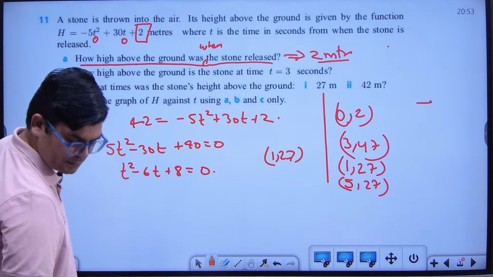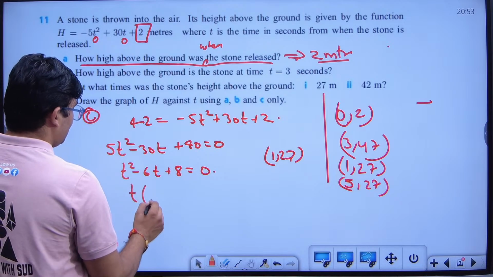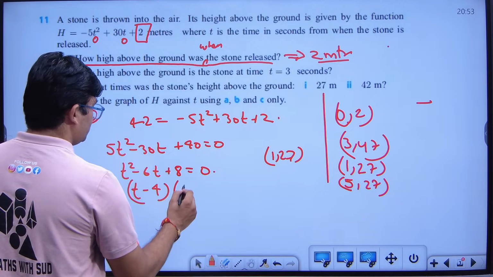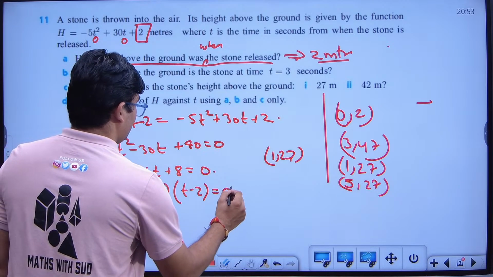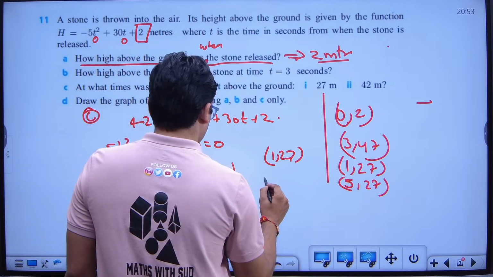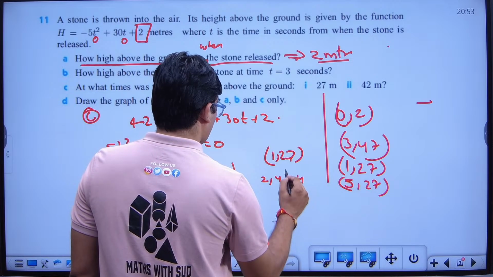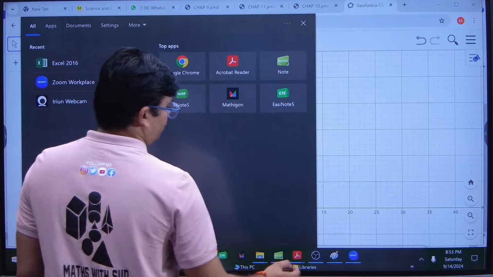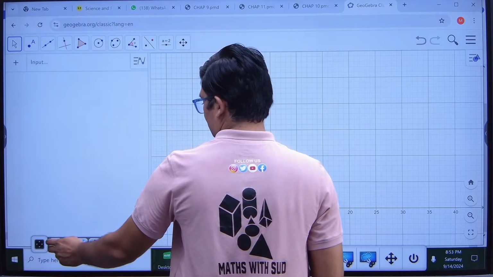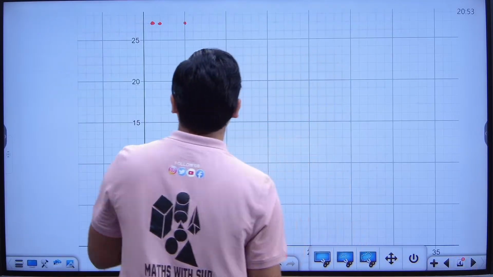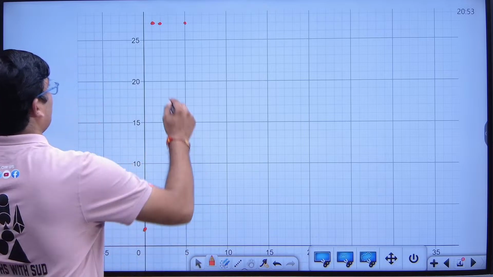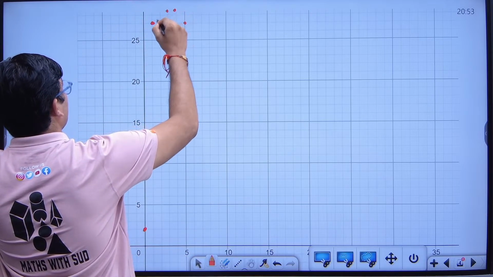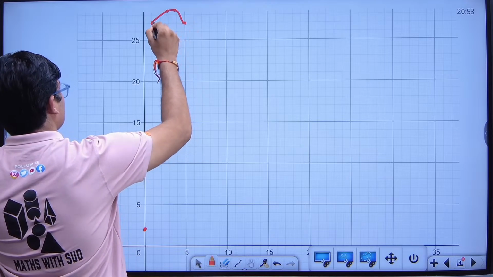So you will write t minus 4 and t minus 2 is equal to 0. So you have two values, 2 comma 42 and 4 comma 42. So 2 comma 42, let me draw it. 42 is a much higher value, 4 comma 42. So somewhere here the graph is going like this.